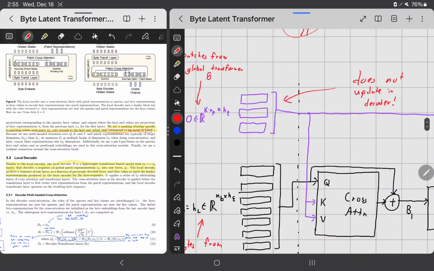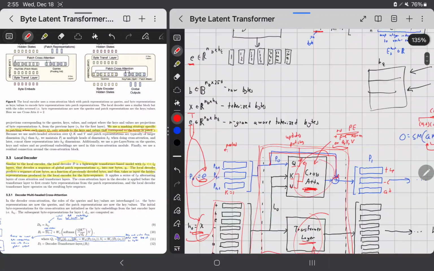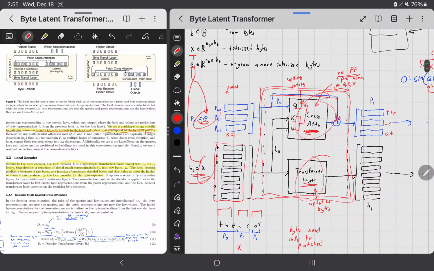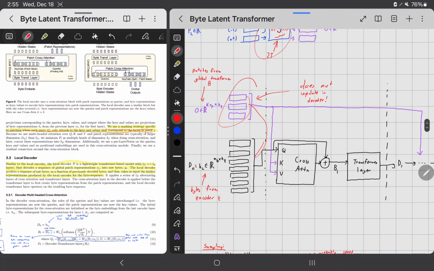So now what we need to do is we need to decode this. So we have our patches here, but we need to decode this in some way so that we can actually make predictions. So the way you do that is by kind of inverting the decoder. So we have our encoder up here, which basically takes information from our bytes and sends it to our patches. Here, we take information from our patches and we want to send it to our bytes.